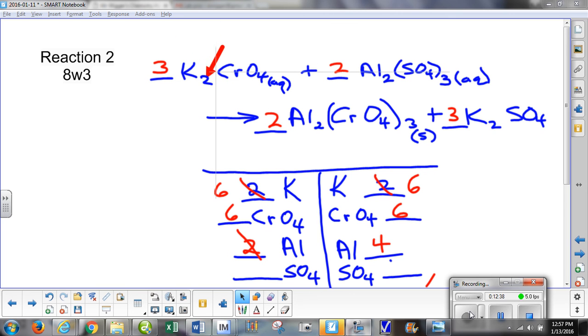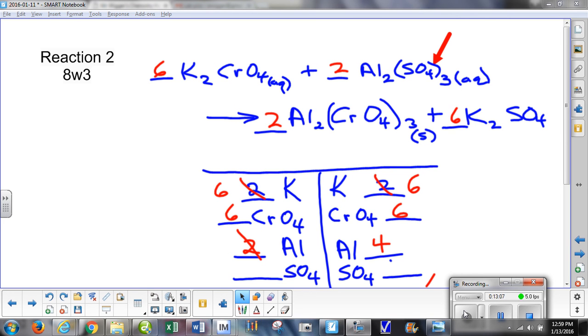Okay, so 2 times 3 is 6 potassium, and 3 times 2 is 6 potassium. And then I have 3 sulfates here, and the aluminum, that gave us 3 times 2 is 6. So, still got a problem. I got off because I messed up something earlier.